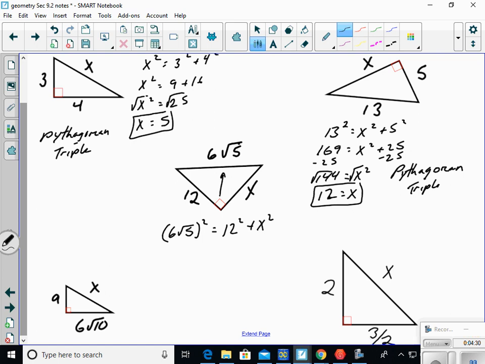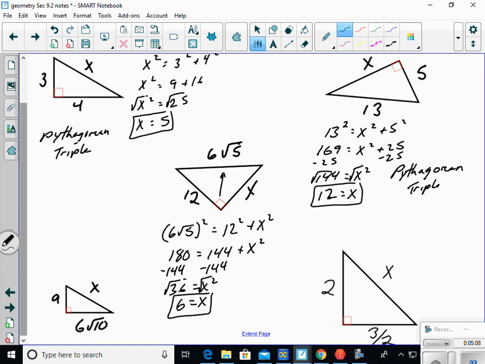So 6 square roots of 5, if I square that, it's going to be 6 squared, which is 36, times the square root of 5 squared, which is 5. 36 times 5 will be 180. 12 squared is 144, plus x squared. Subtract the 144 from both sides. We get 36 equals x squared. And take the square root to get rid of the square, and our x is going to be 6 in this case.